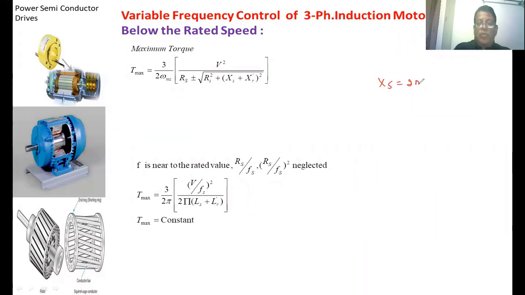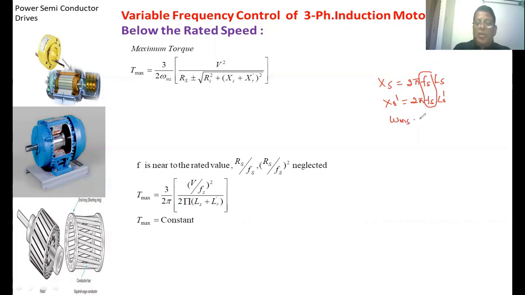In the denominator, we have taken the common F, nothing but the supply frequency. Xs equals 2 pi Fs into Ls, and Xr dash equals 2 pi Fs into Lr dash, where Ls is the stator inductance and Lr dash is the rotor inductance with respect to the stator. These two quantities are functions of F. Now take the common term in the denominator.